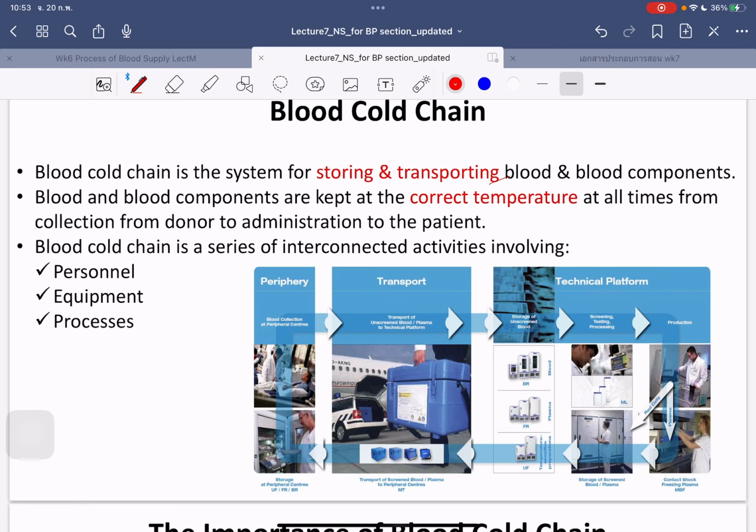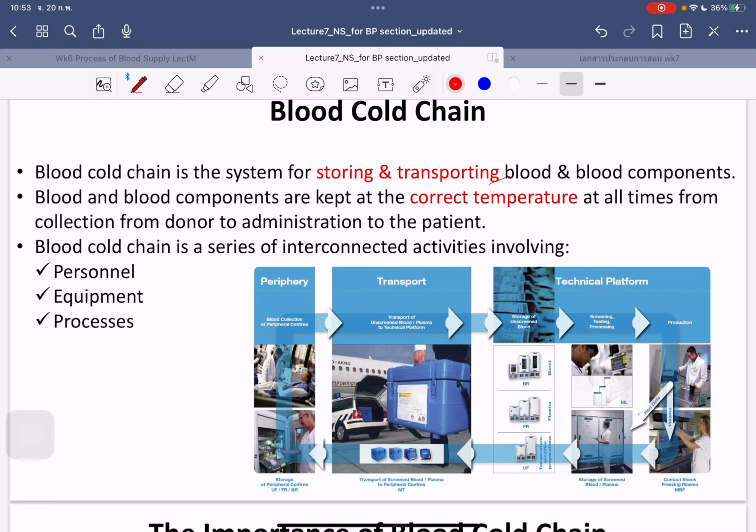The blood flow chain involves three points. The first one is person, because all the methods use people to do the experiment or to do the process, right? So as you use people to collect blood from the blood donor, which point should laboratory technicians, medical technologists, consider about blood collection?